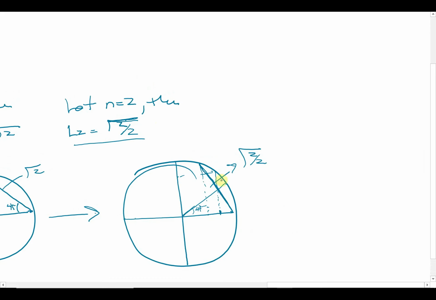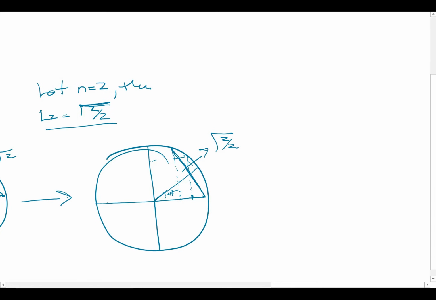this length is actually how you find the circumference. So basically, as n approaches infinity, actually what happens to this is the length approaches 0.